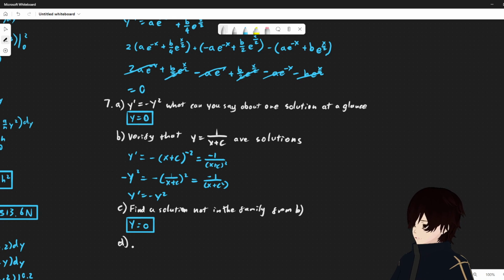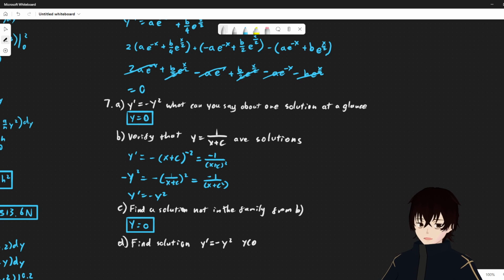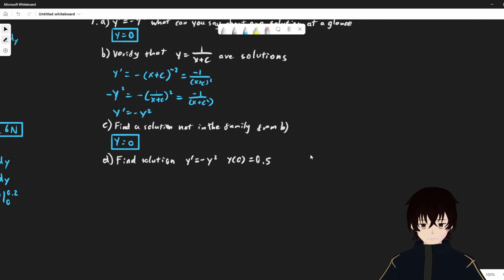D says find solution y prime equals negative y squared, and y of 0 equals 0.5. In that case, we can simply use the family from here.